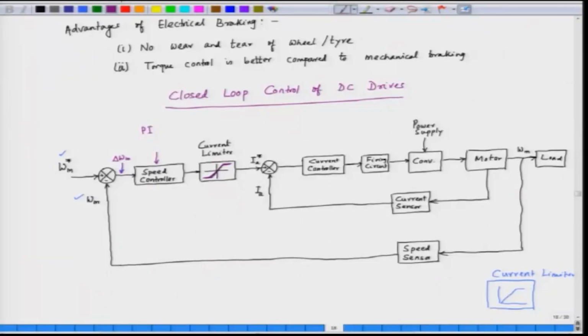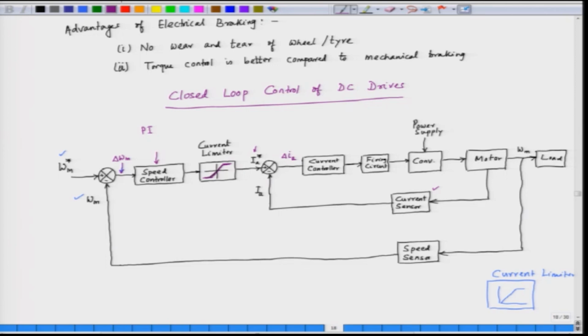And then this I A star is the reference current, which is the output of the current limiter, and that is compared with the actual current by means of this feedback loop, by this current sensor, which senses the value of the actual current and feeds it back. Then what we have in this case is a current error delta I A.